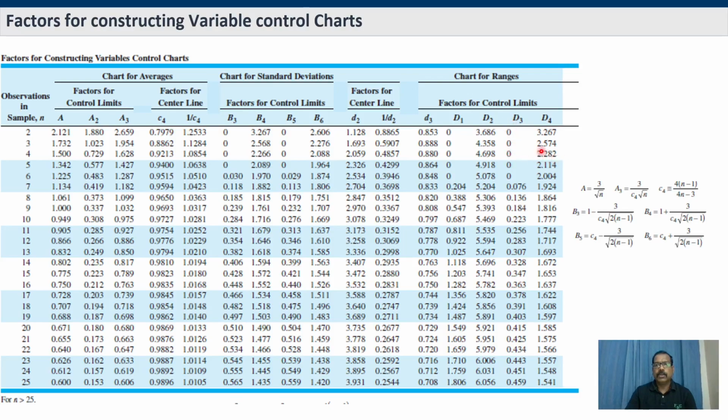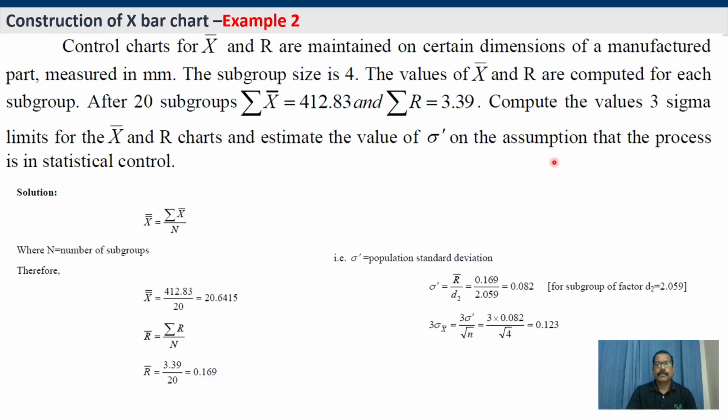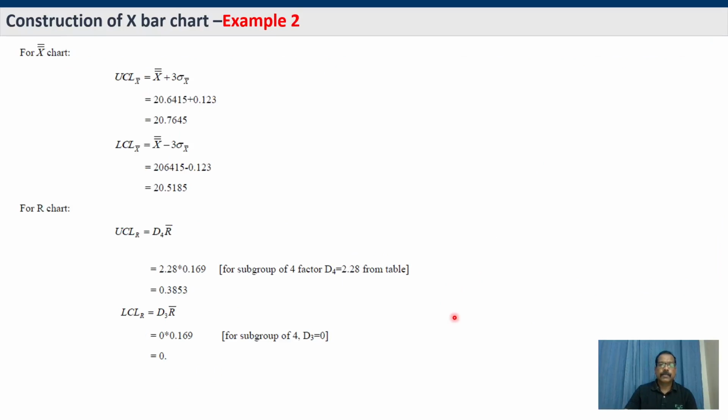So D3 is 0, D4 is 2.282. Sorry, D4 is 2.28 from the table and D3 is 0. So the upper control limit and lower control limit we can get.